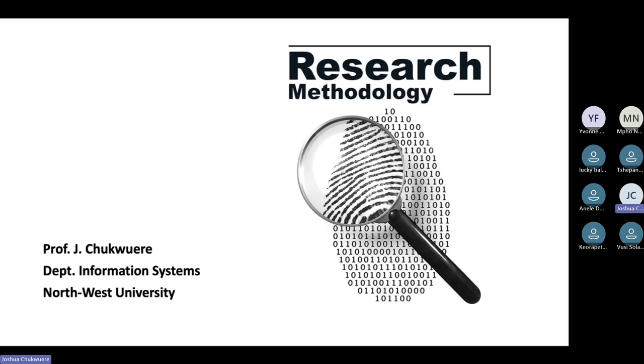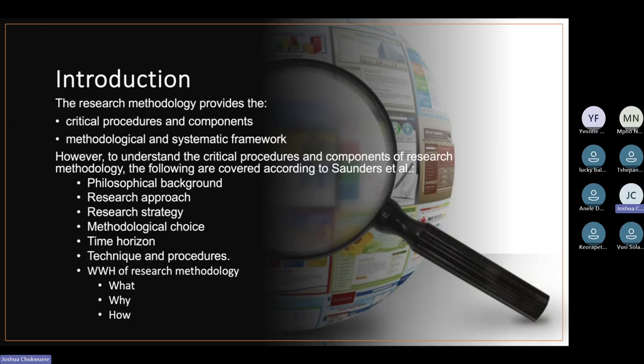Now, research methodology is a critical area of research, right? And in our introduction, it says that the research methodology provides the critical procedures, processes, approach, the components that allow you to carry out that very research, right?